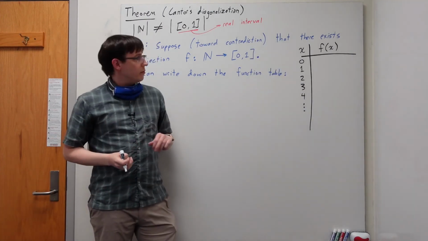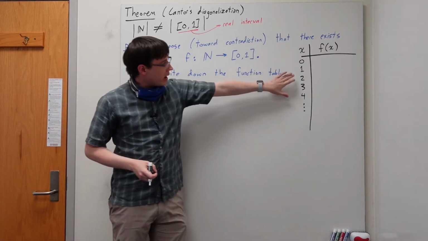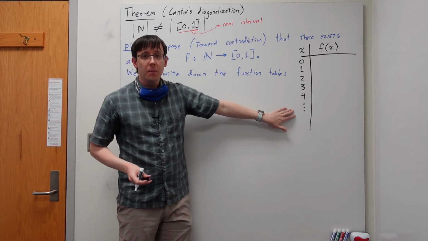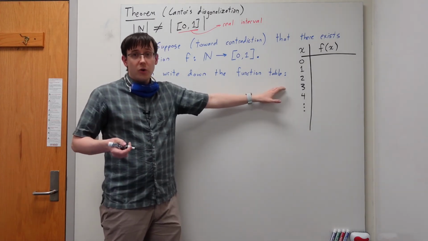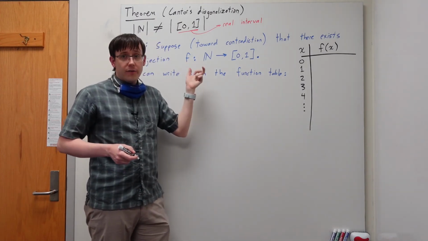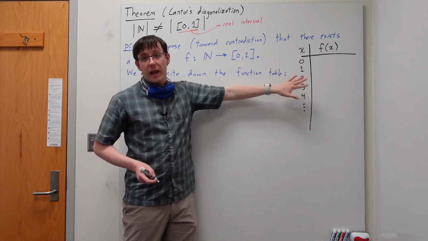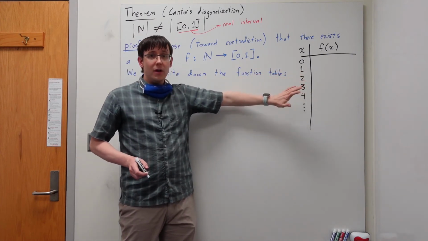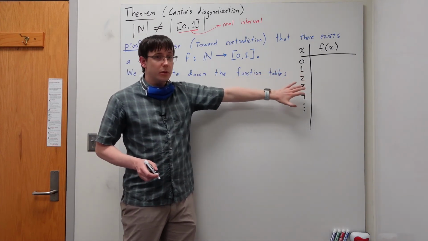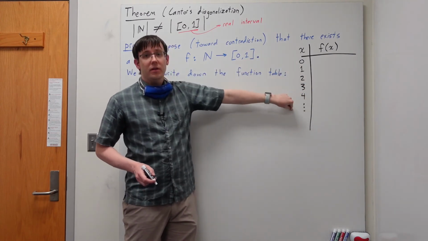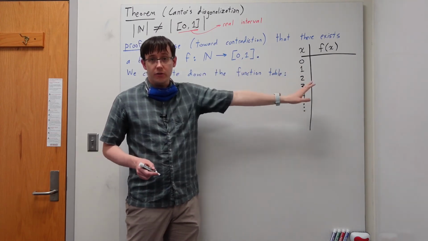So once again, we will define our function by writing down the function table. But since our goal is to show that there can be no such function, we're going to write down a generic function table for any possible function that would map the natural numbers to the interval.